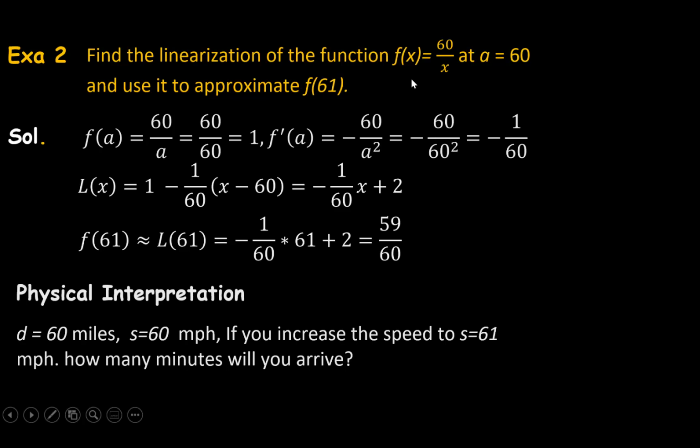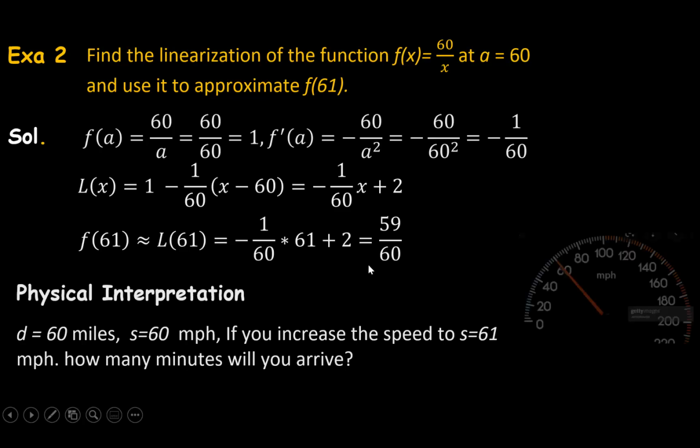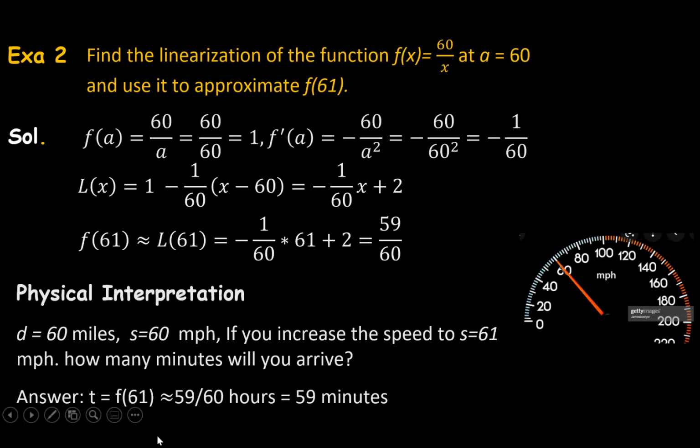So we're really talking about f(61). By the previous result it is approximately this number, so it's that much of hours. And if you ask how many minutes, how do you do that? You just multiply by 60. Look, 60 cancels with 60, so you get 59 minutes.